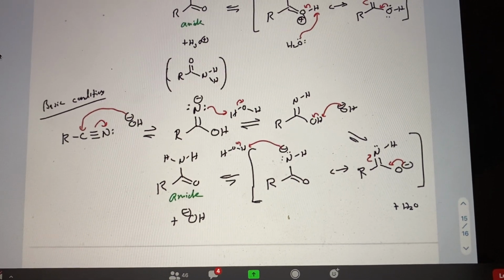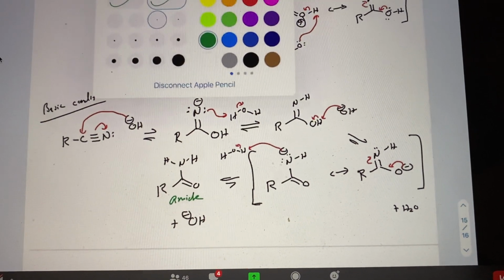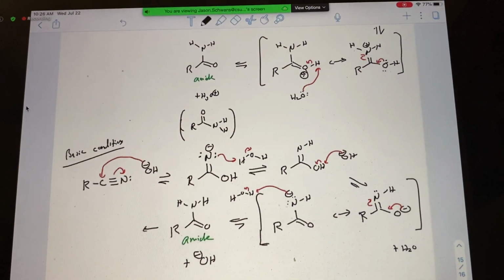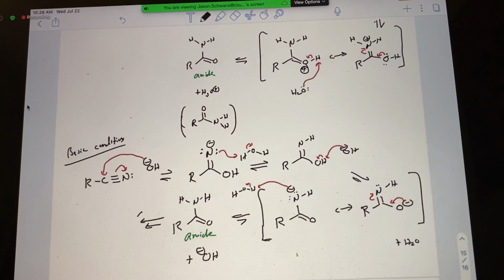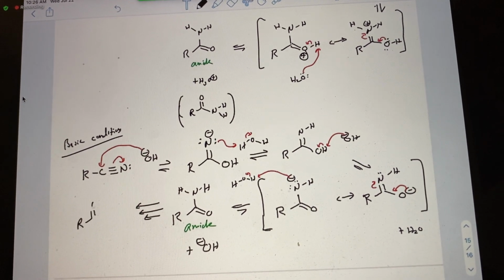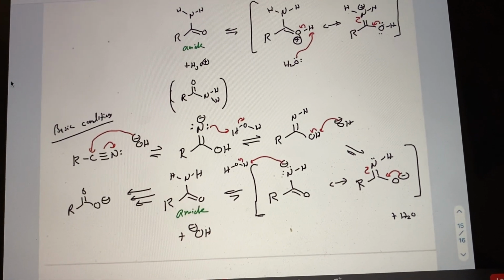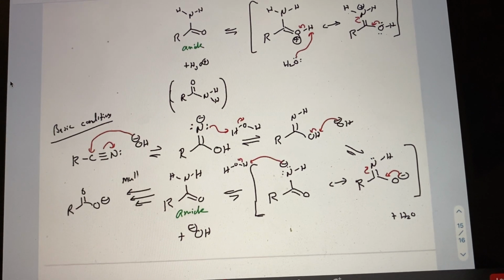So just like with the acidic conditions, we're part of the way there. Actually, I should write it here. So we have multiple steps. I'll just put a bunch of arrows to end up, in this case, having our carboxylate. So multiple steps.